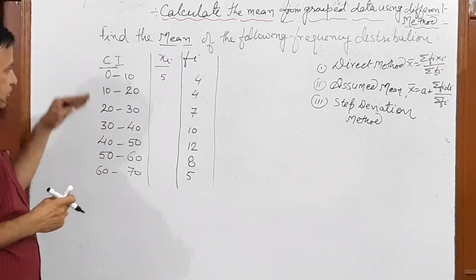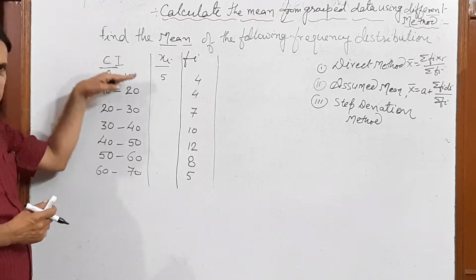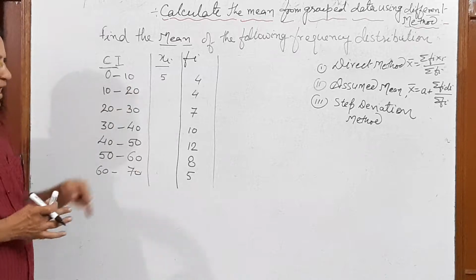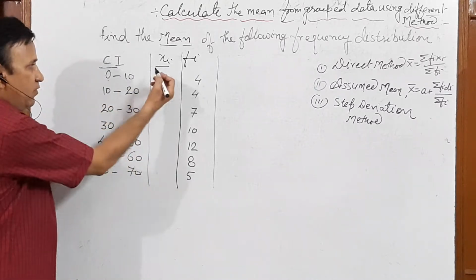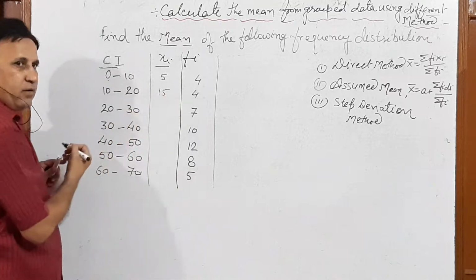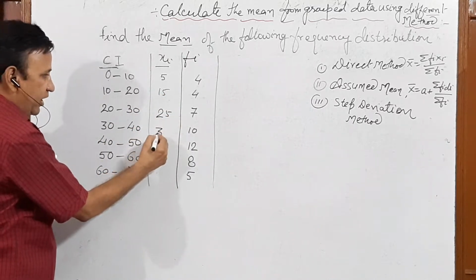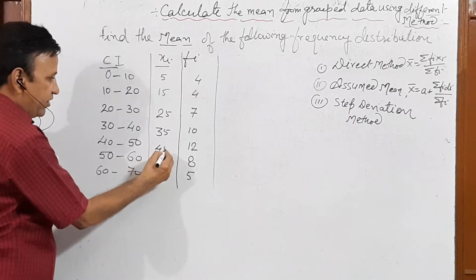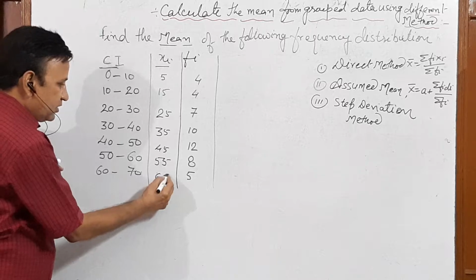And you see these are continuous classes, right? So no need for too much calculation. Without wasting time, the difference is 10. Just proceed: 5 plus 10, 15. Very good. Then 25, then 35, then 45, then 55 and 65.